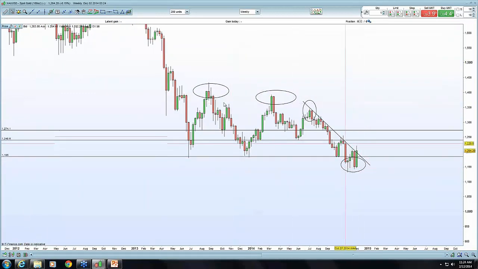Weekly chart, look at this candle here. Look at this candle on the weekly chart. This candle here is a candle close below all these support levels here. So I'm more inclined to think that we are bearish on the downside.